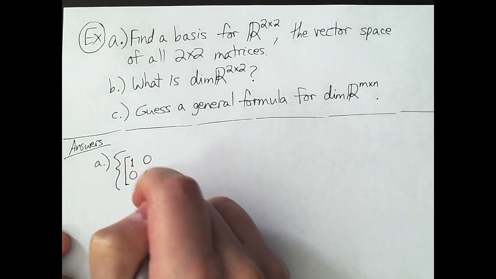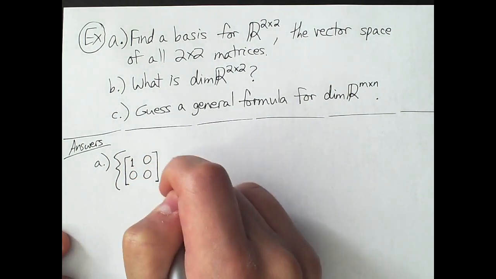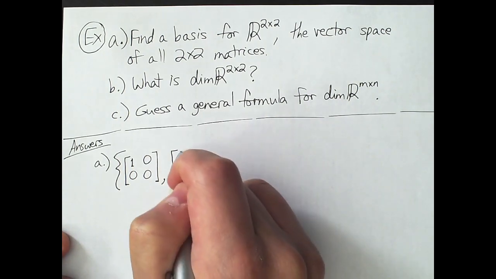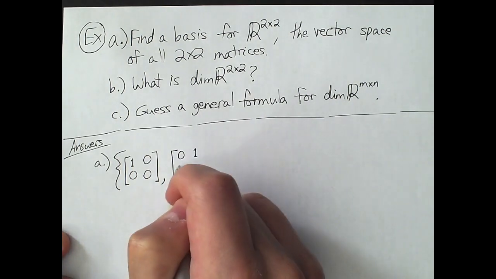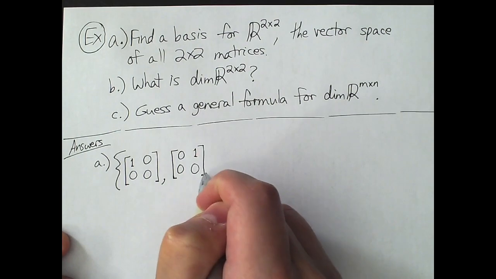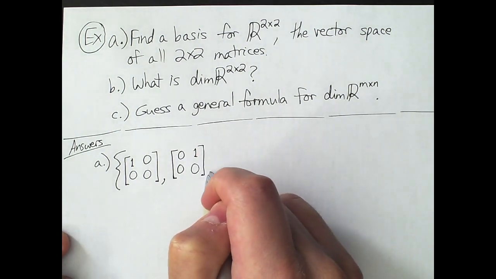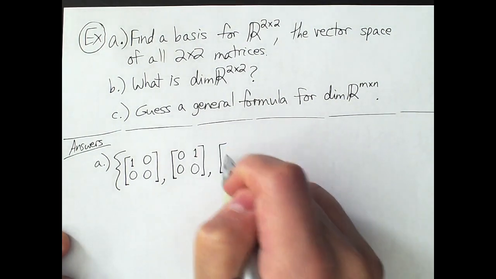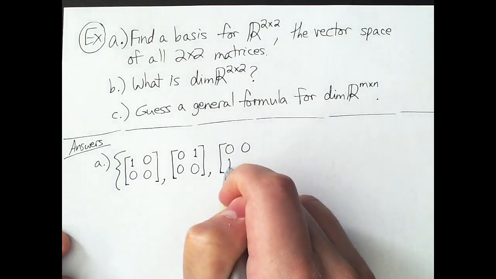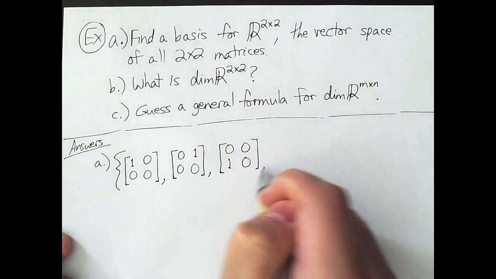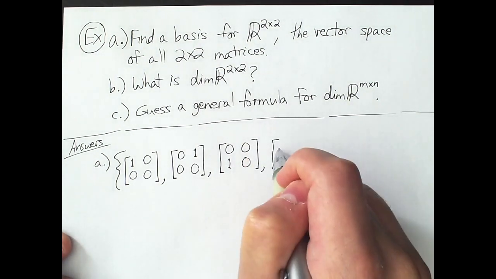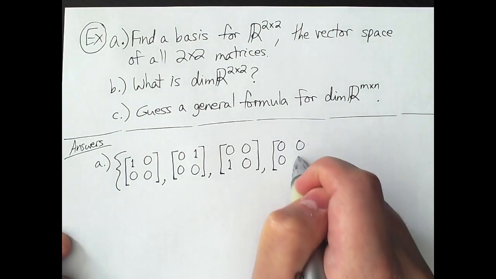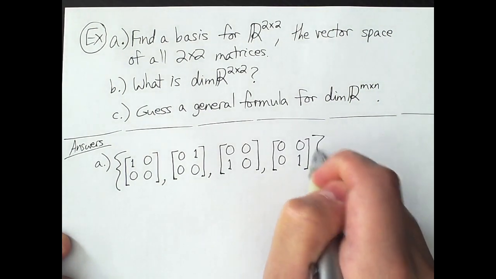Whatever you wrote, it should be a set of 2 by 2 matrices, right? Whatever alleged basis we have, it must be a set of 2 by 2 matrices. And I claim that this is a basis for R2 by 2.